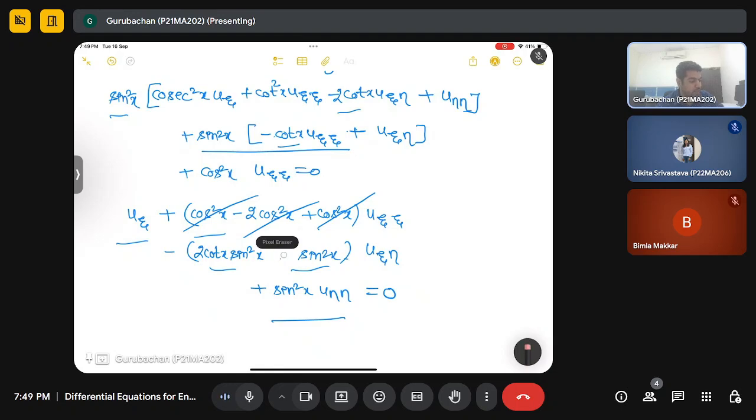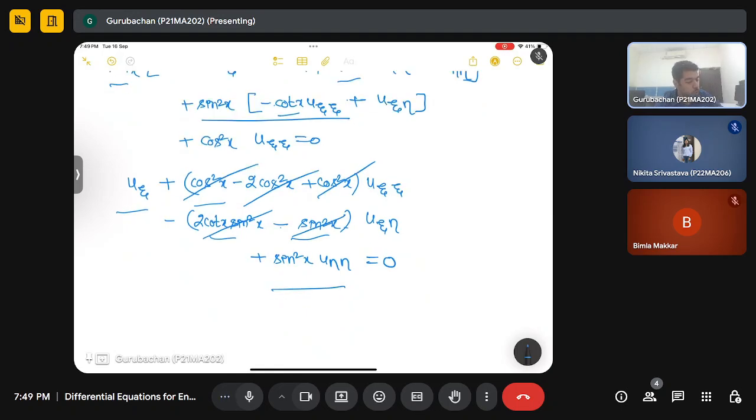Since we have taken, there will be a negative sign. So 2 cot x sine square x will be nothing but 2 sin x cos x, if you observe it. So these two will cancel out, and you will be left with only sine square x u eta eta plus u xi equal to 0.